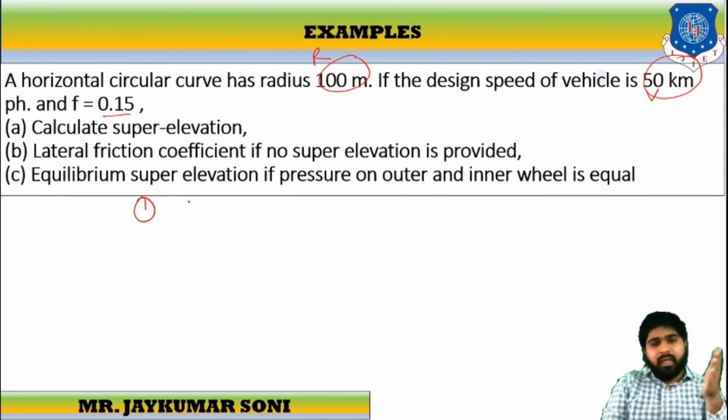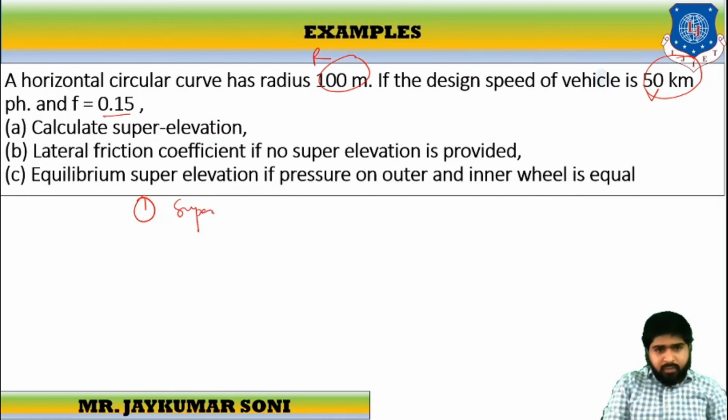In the last example, we used the equation E plus F is equal to V square by 127R, in which we were not supposed to convert the value of kmph to meter per second. So in this segment, we will use another equation. Let us calculate the super elevation.